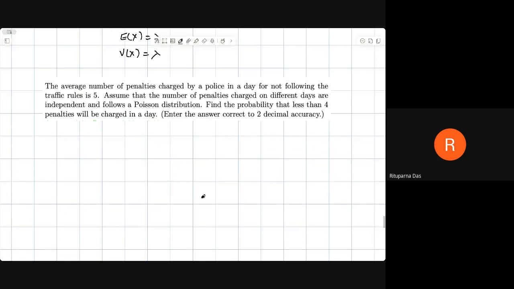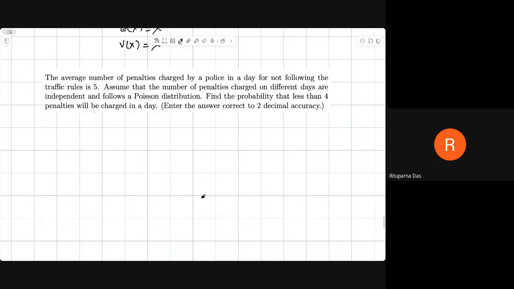The average number of penalties charged by a police officer in a day. So you see, you are counting something in a day. Within a fixed time, we are calculating the average number of penalties. The average number of penalties in a day for not following traffic rules is 5. Assume that the number of penalties charged on different days are independent and follow a Poisson distribution. Find the probability that less than 4 penalties will be charged in a day.